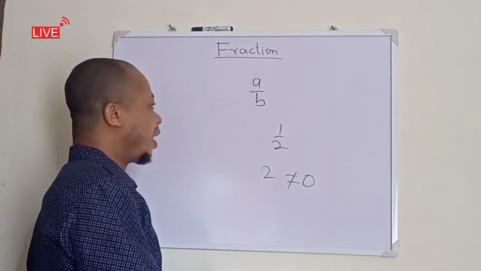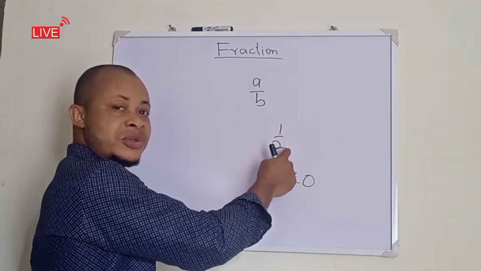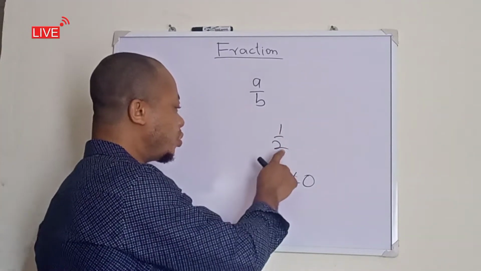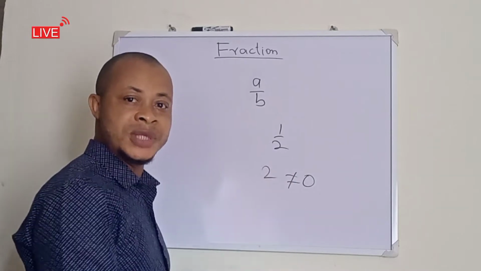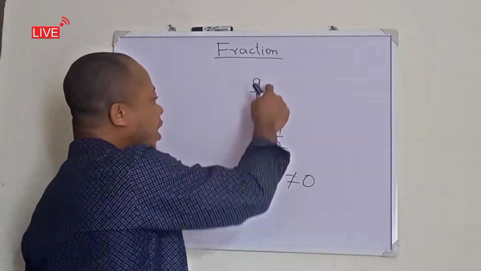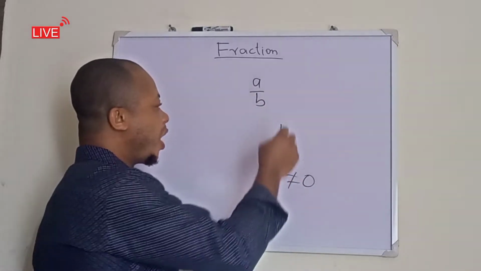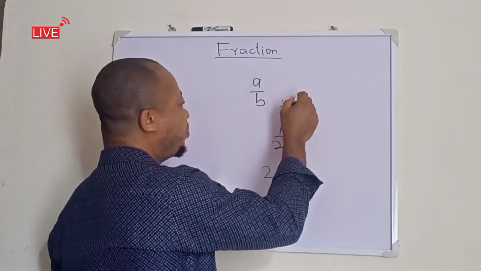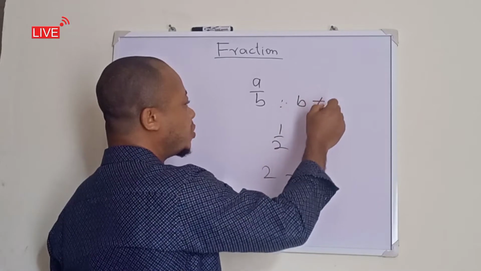So here I can say that 1 over 2 is a fraction because 2 is not equal to 0. So the general expression for fraction is a over b, where b is not equal to 0.